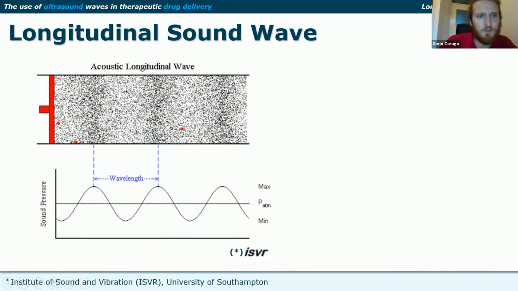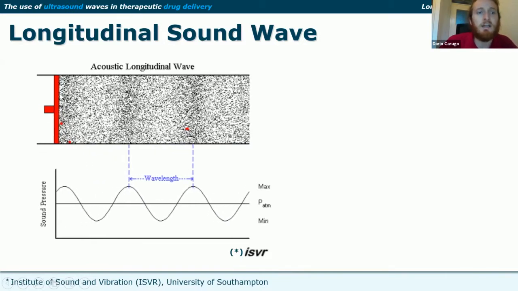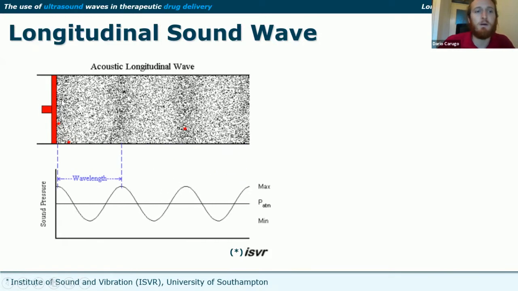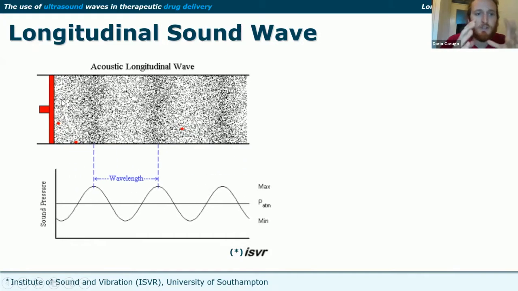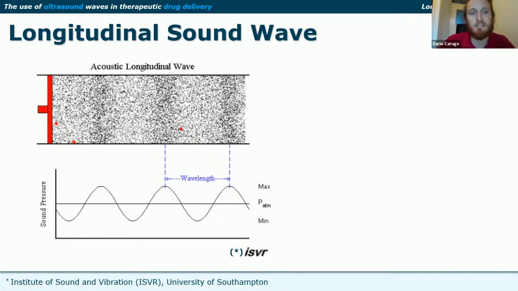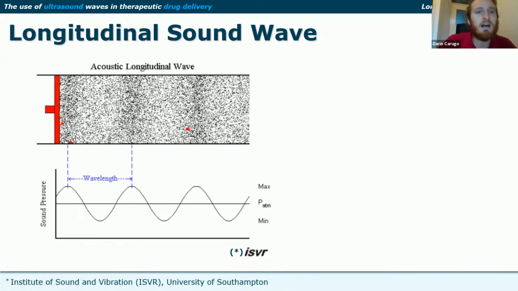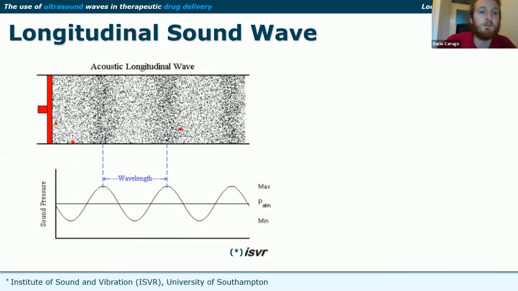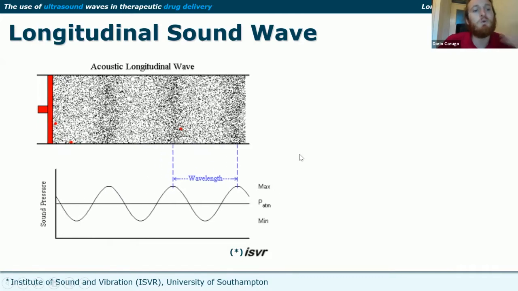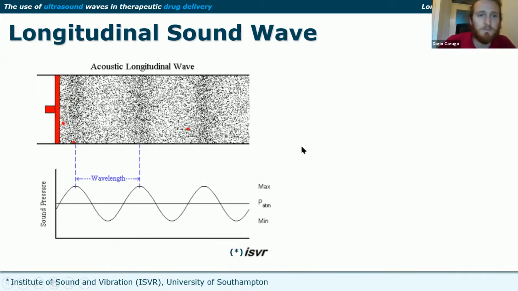If you focus at the surface of the piston, you'll notice that we can observe an alternation of high pressure, where particles in the medium are pushed closely together, and low pressure, where particles are separated from each other. And this alternation of high pressure, low pressure propagates along the cylinder. That's what we refer to as a pressure wave.